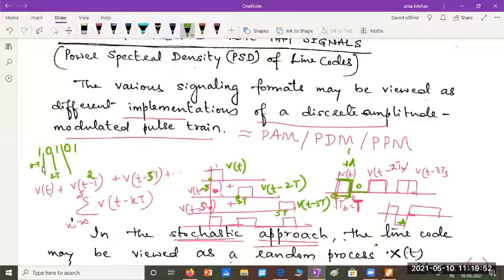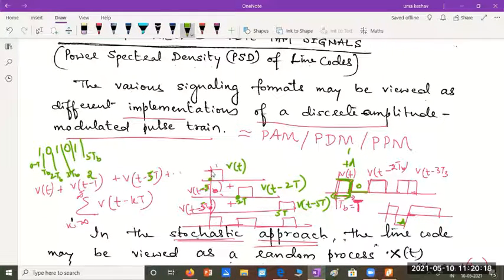Usually we'll write TB here, bit duration. This will be between 2 TB to 3 TB, 3 to 4, 4 to 5. So this will be 5 TB, something like that. So if I have to get this kind of binary representation, I just have to add these shifted rectangular pulses.